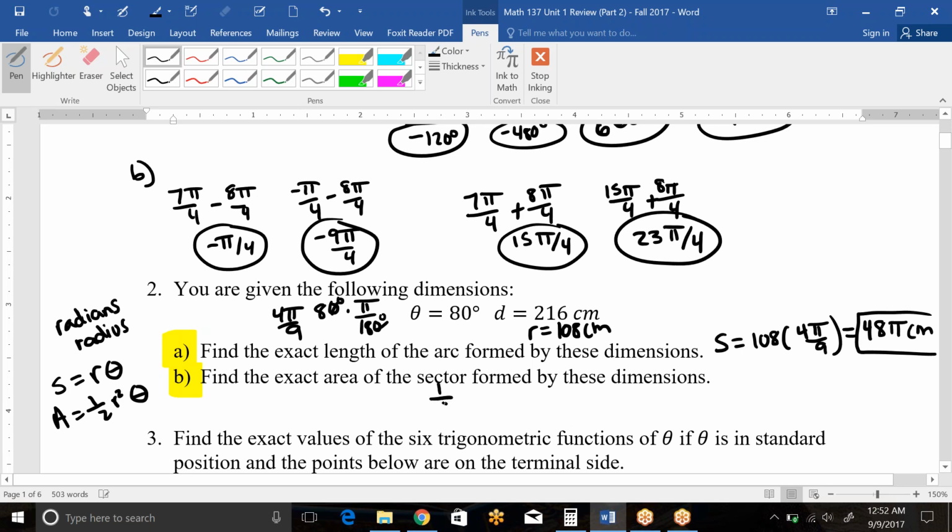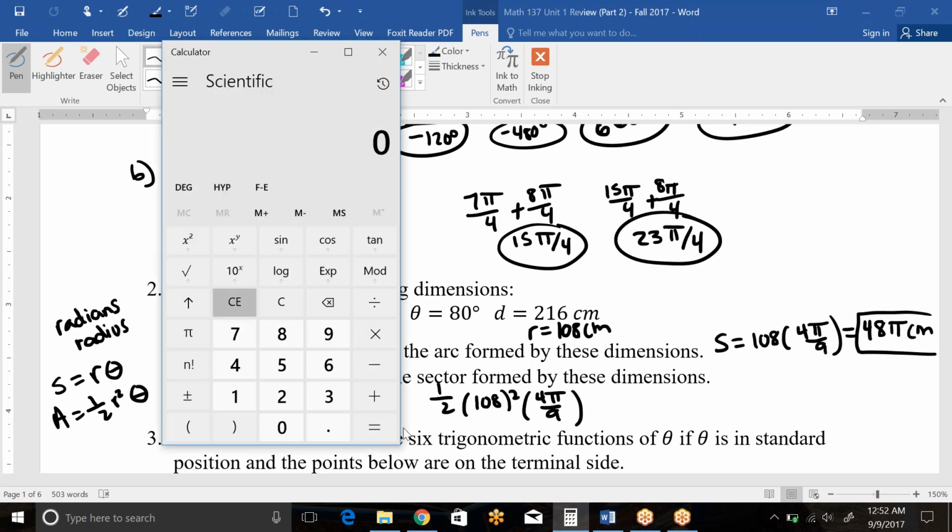We do 1/2. Our radius was 108 squared, and this would then be still 4 pi over 9. So we're going to square 108 first. And then I'm going to divide it by the 9 that's in the bottom of one of the fractions. And that divides evenly, so we're good. And I'm going to try to also divide it by this 2 that's out front.